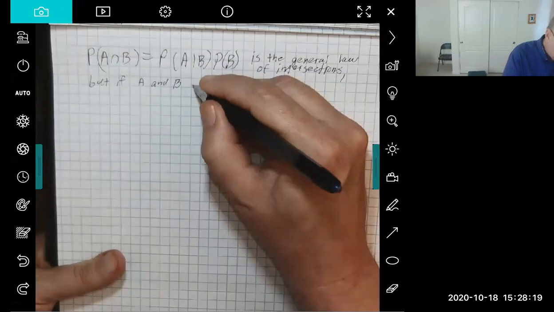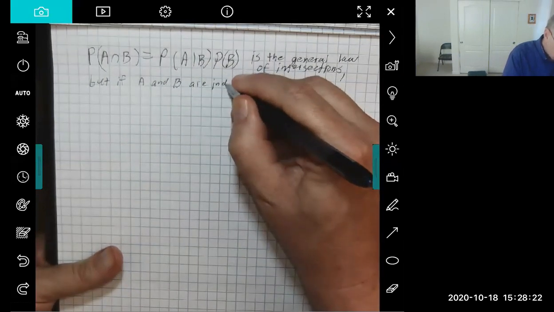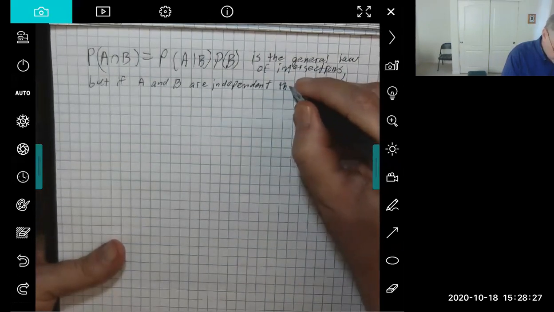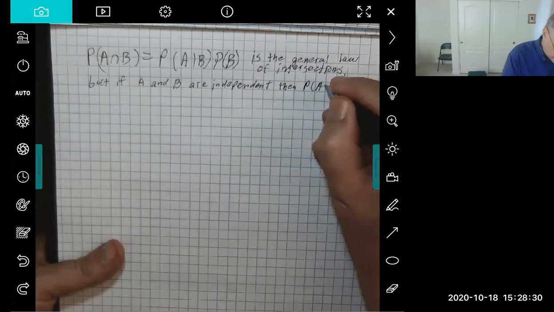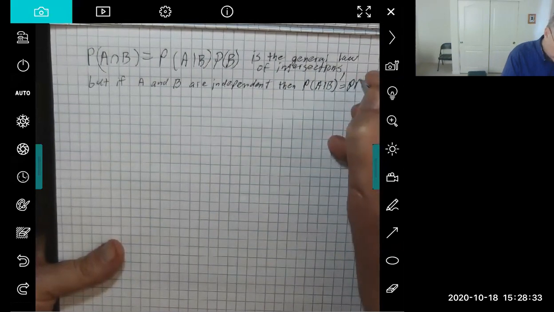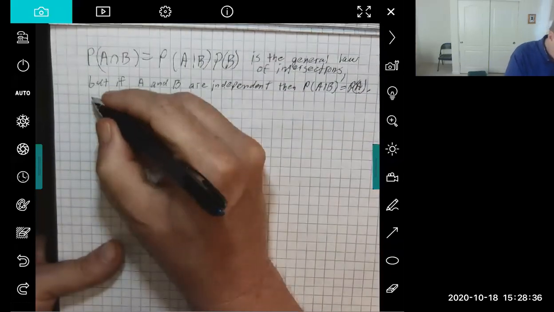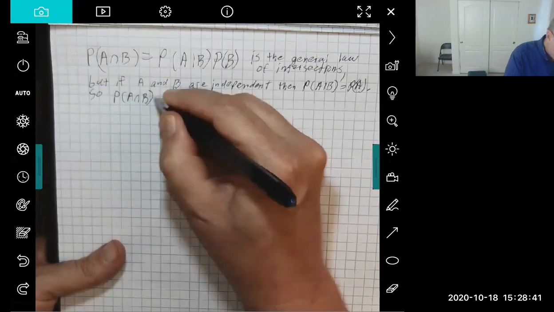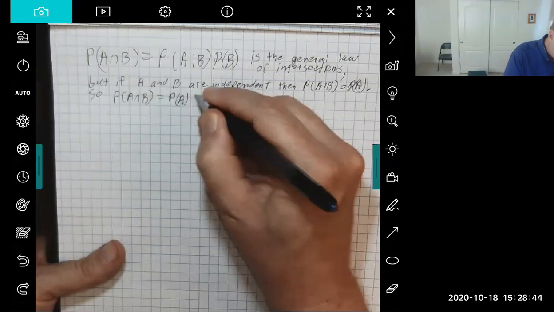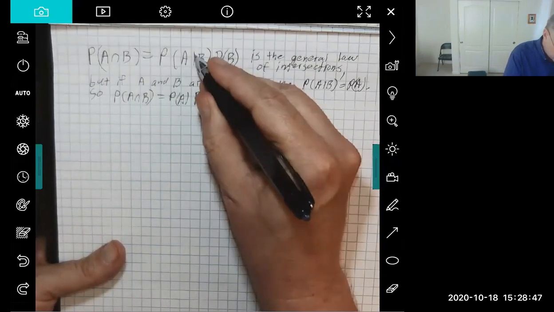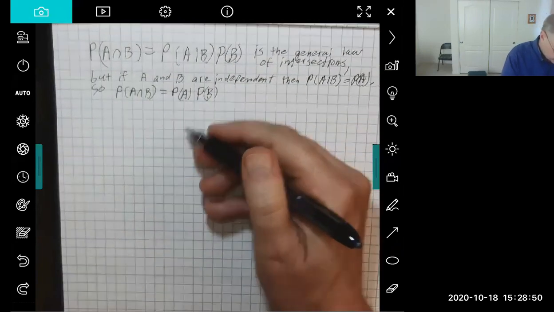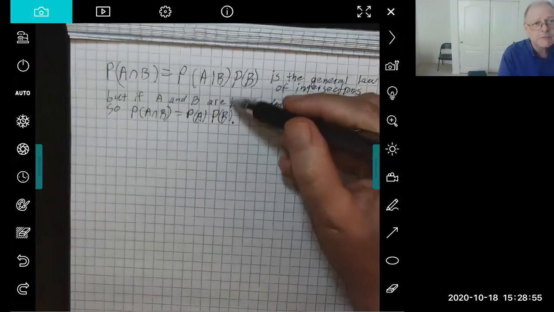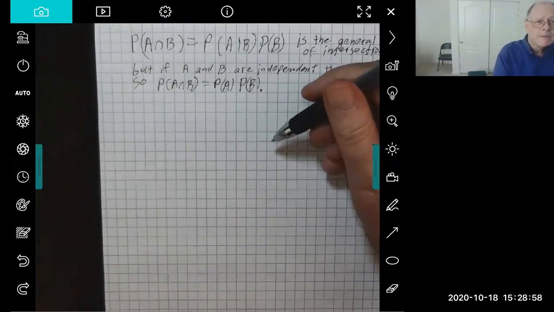But if A and B are independent, then P of A given B is just P of A. So in that case, P of A intersect B is just P of A times P of B. Just replace the A given B with plain old A. Common mistake is for people to assume that two events are independent when in fact they're not.